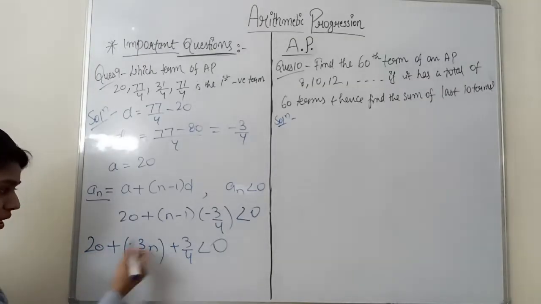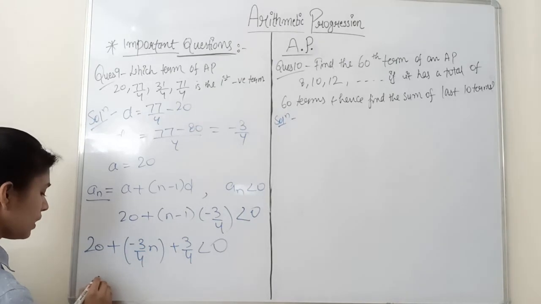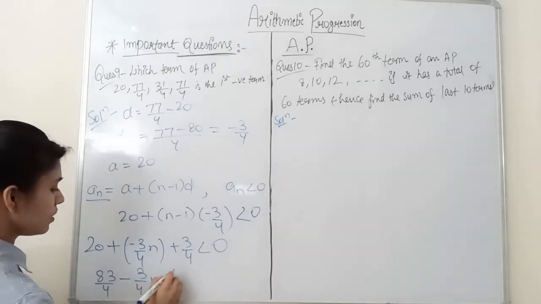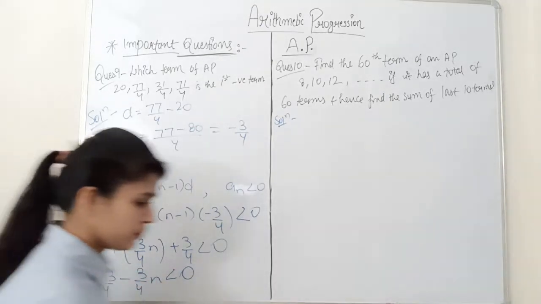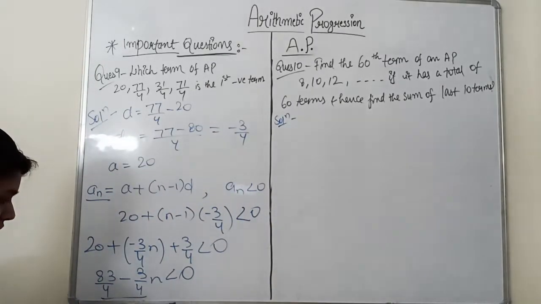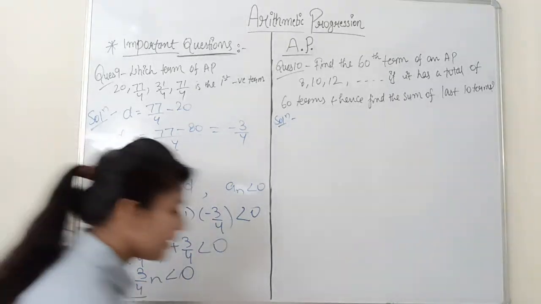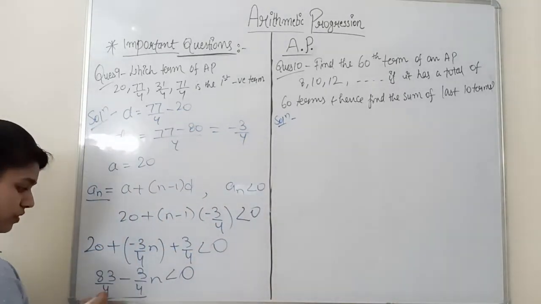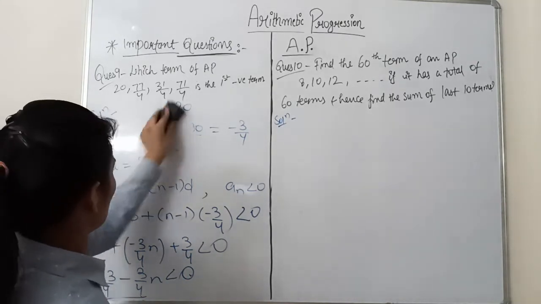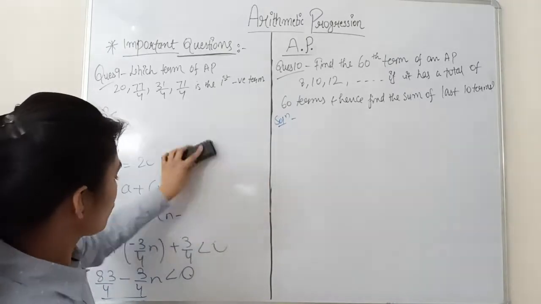When we add 20 and 3 by 4, it will be 83 by 4. So 83 by 4 minus 3 by 4 n is less than 0. Okay, this 4 will be taken to the right hand side, and 4 multiplied by 0 is 0. So 83 minus 3n less than 0 will be our required equation.